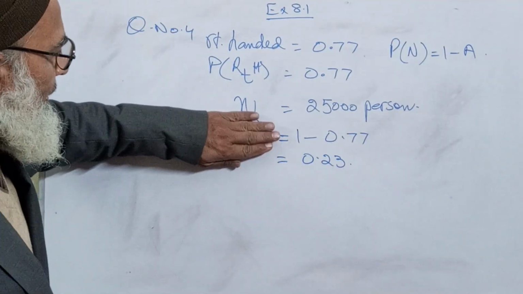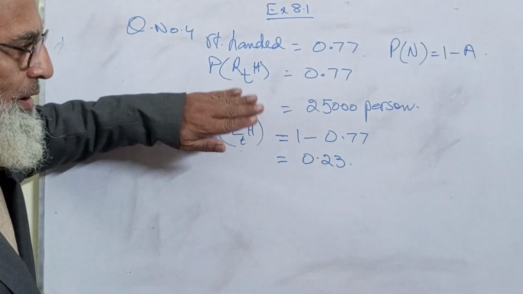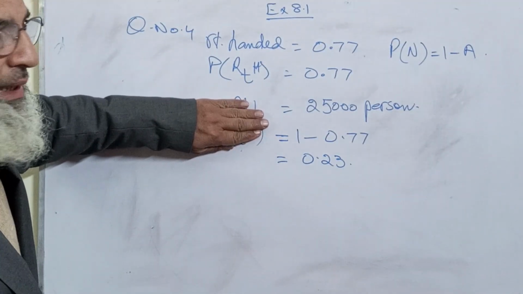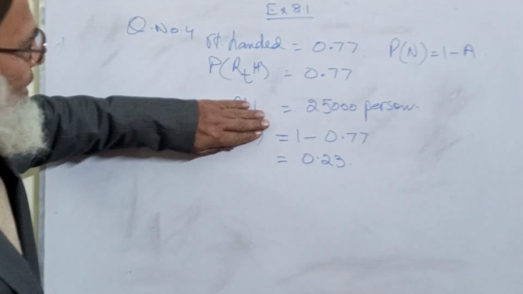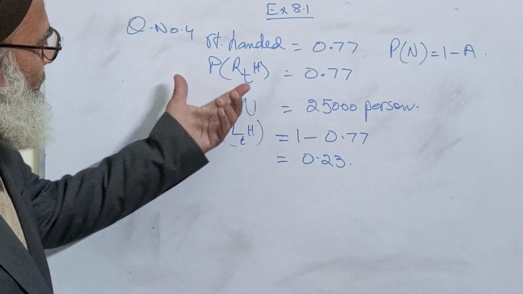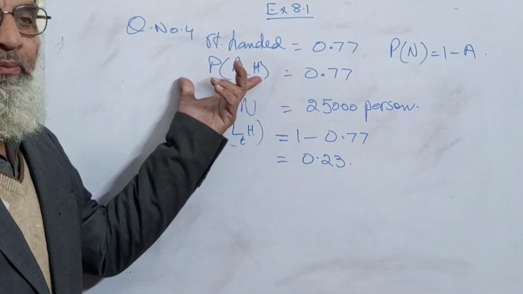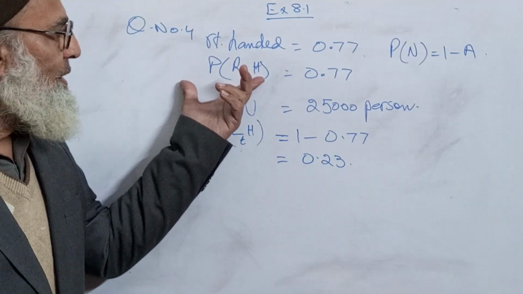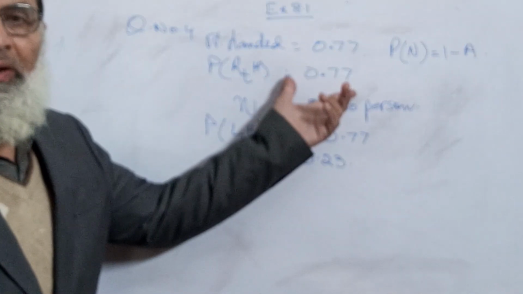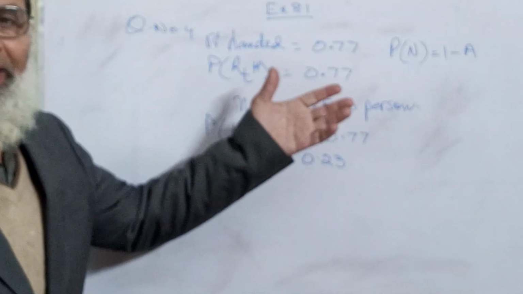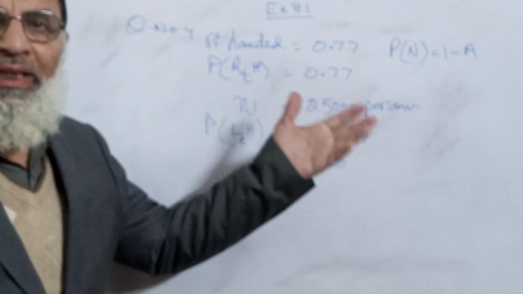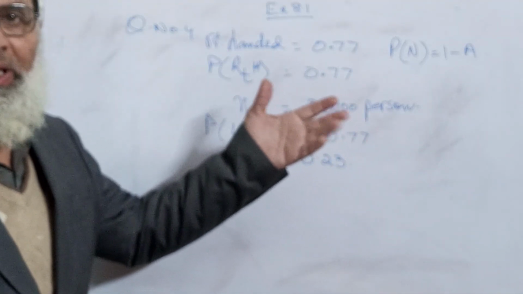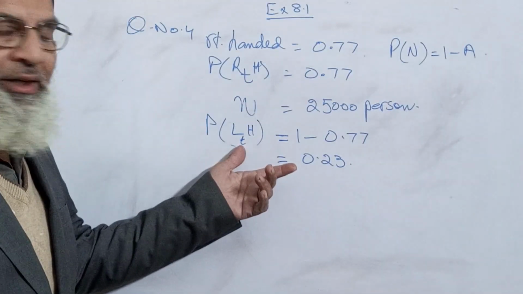You cannot say, for instance, that these are the left-handed. Okay, so when we say that the probability of right-handed is 0.77, of course it does mean the only other hand available to a human being is the left hand.